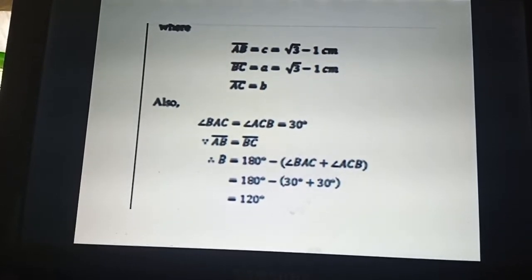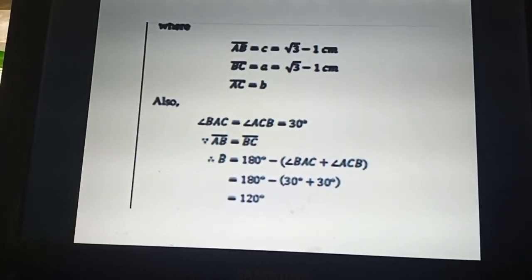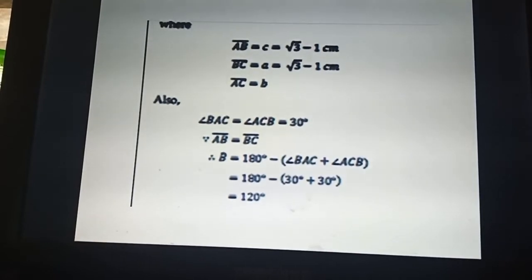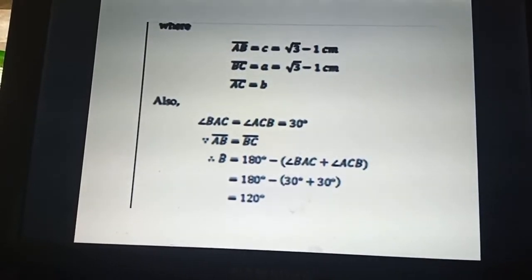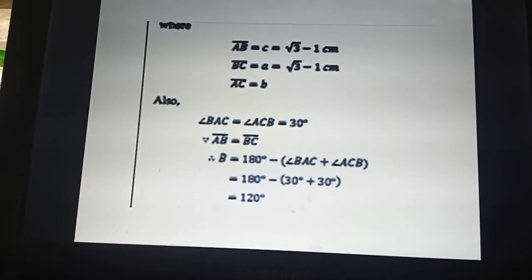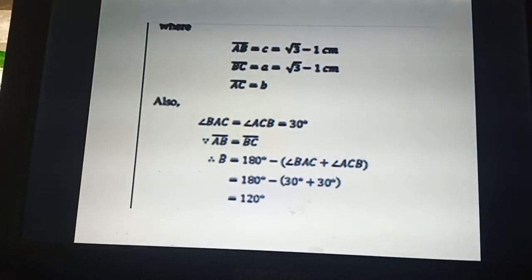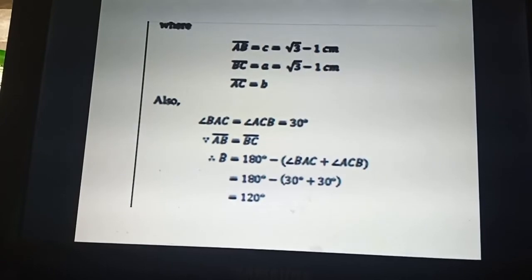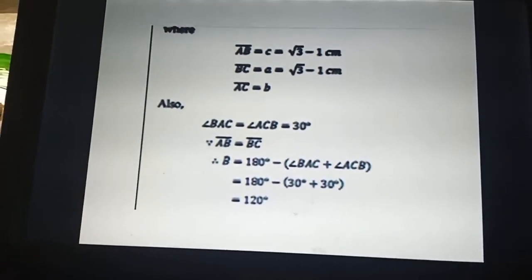Angle B is equal to 180 minus, this is an angle on a straight line. The angle on a straight line is 180 degrees minus angle BAC plus angle ACB, which is 30 degree plus 30 degree. Then 30 plus 30 is equal to 60. 180 minus 60, it will give you 120. Exactly.